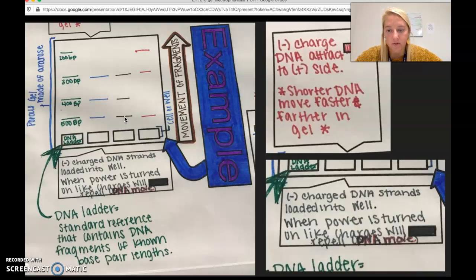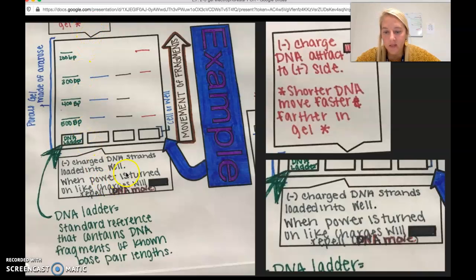So here's how this works. You load your negatively charged DNA strand into the well. When the power is turned on, like a car battery, we connect a negative power outlet to the negative part of your circuit, and the positive end is put on this side. Because the DNA strands are negatively charged, they are repelled away from the negative end and attracted to this positive end.